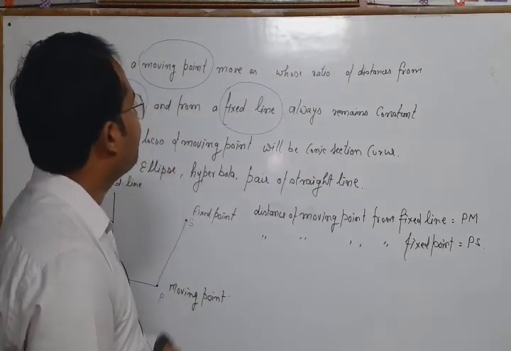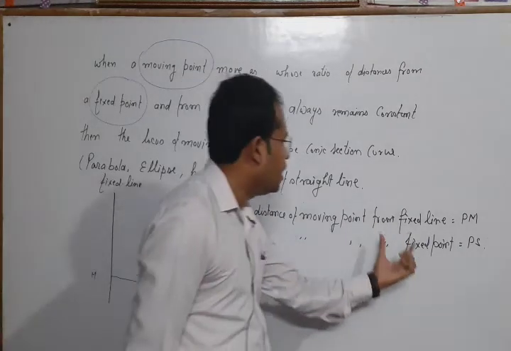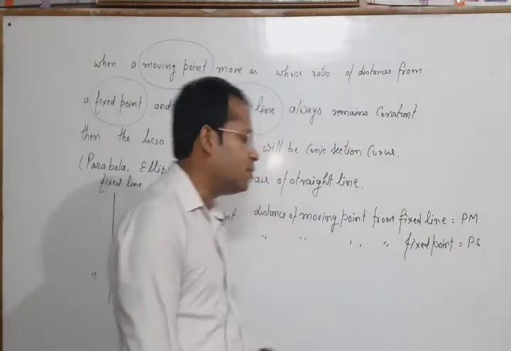According to the definition, the ratio of distances from the fixed point and fixed line always remains constant.